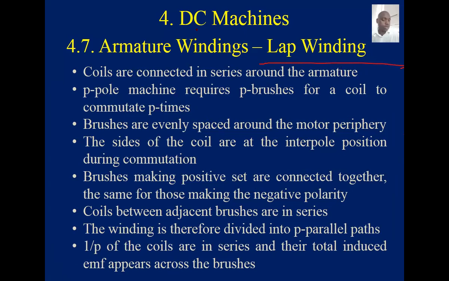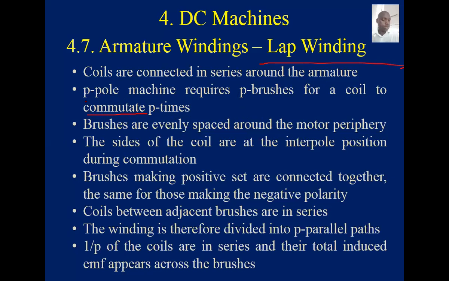Then for speed, right. So for a P-pole machine, it will require P brushes for a coil to commutate P times. We'll explain what we mean when we talk about commutation. So if we have two poles, we also need two brushes for the coil to commutate.